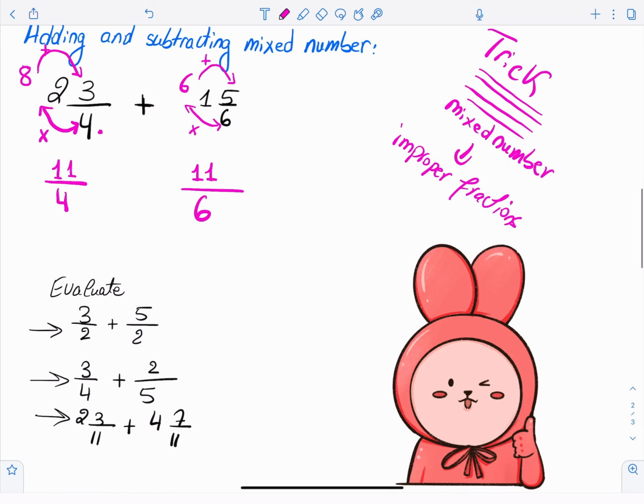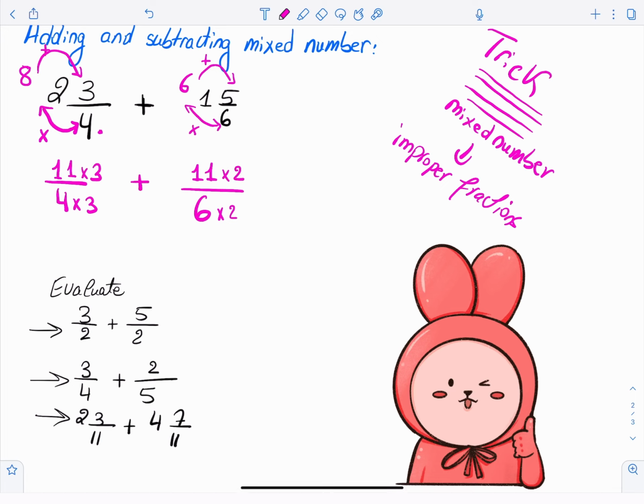But we're not finished. We need to find the same denominator. Okay, here we need a common multiple. Okay, very easy. This can be multiplied by 3. Then we have a denominator 12, and 6 we can multiply it by 2, and then we will have the same denominator, which is 12.